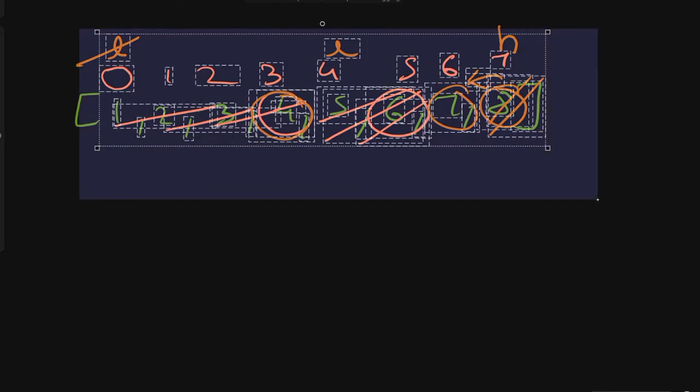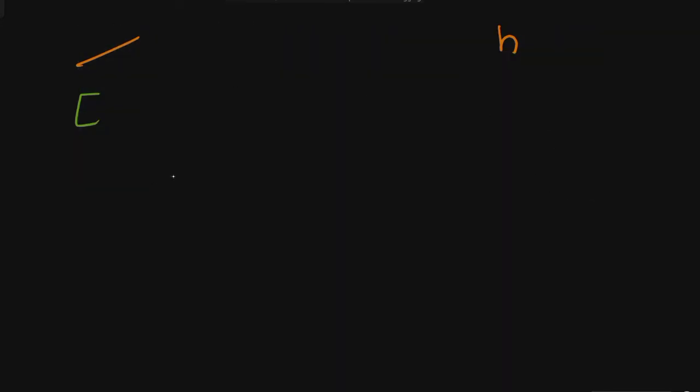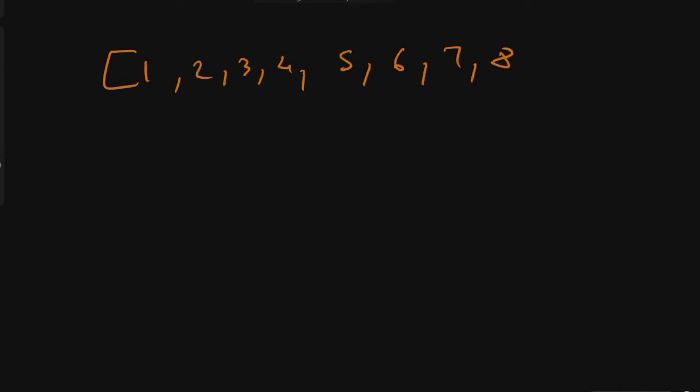So let me remove all this. Let's say I again have the list 1 2 3 4 5 6 7 8, and I'm searching for something like key is equal to 10. It is not present.